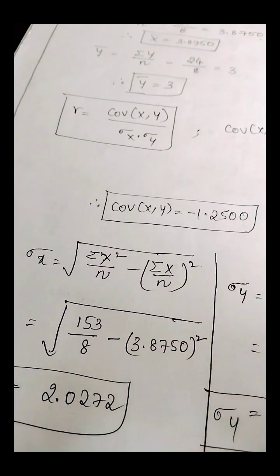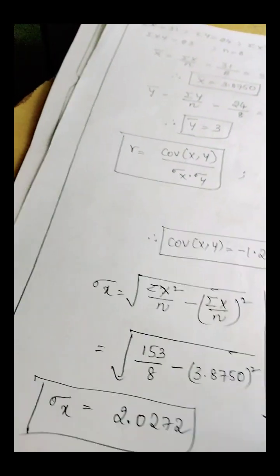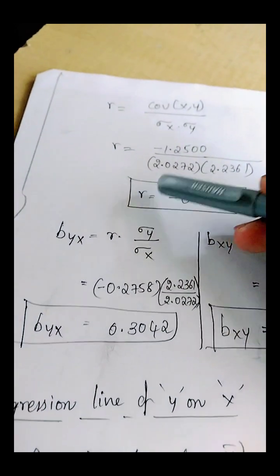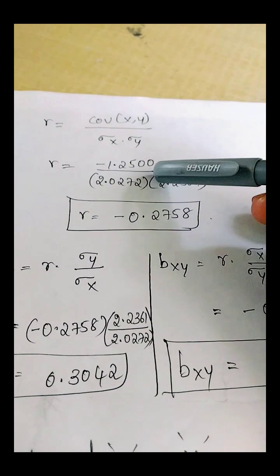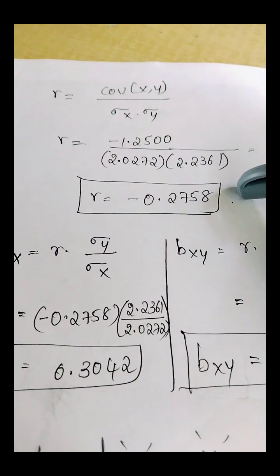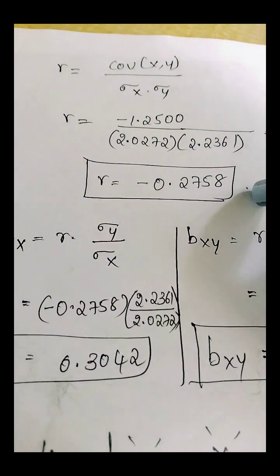We are just substituting all these three values in the formula for small r to get the value of r, that is Karl Pearson's correlation coefficient. r is equal to minus 1.2500 by 2.0272 into 2.2361. You got r is equal to minus 0.2758.